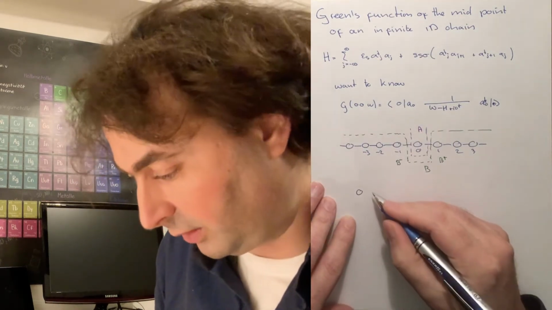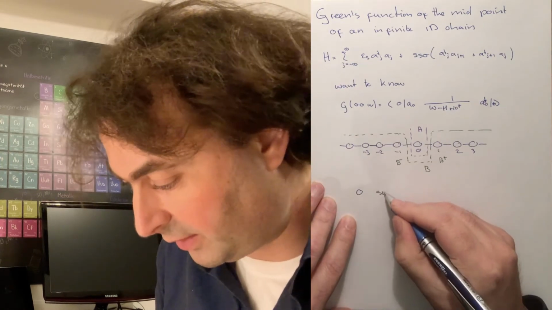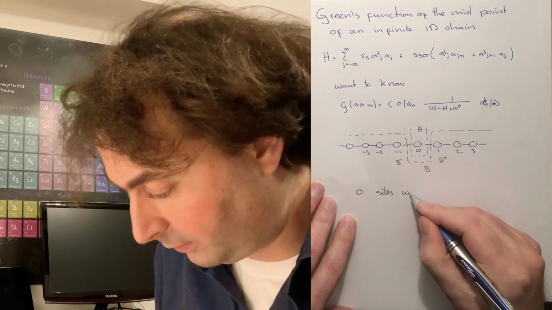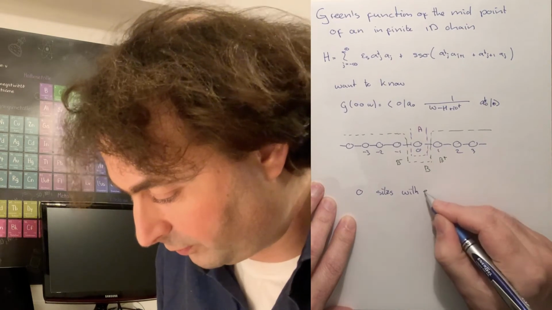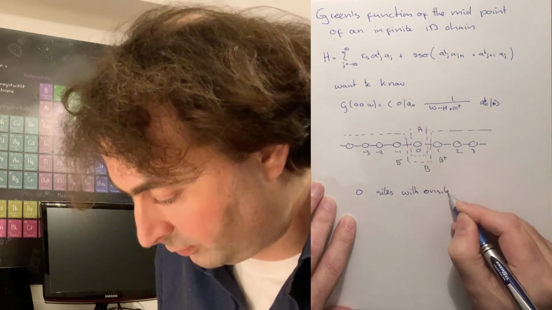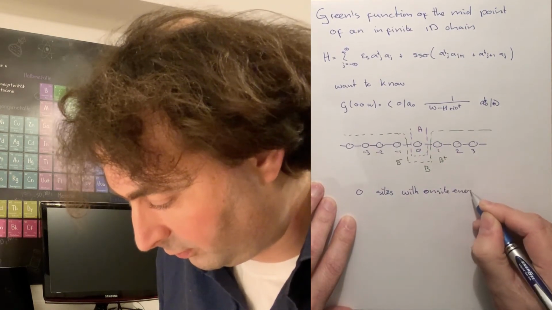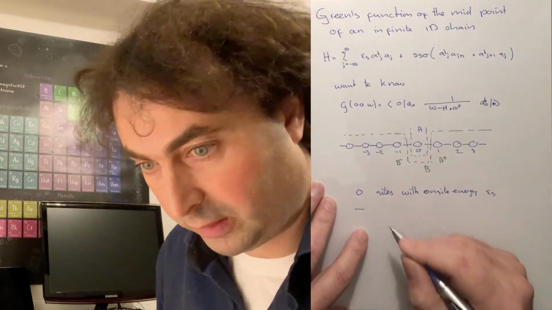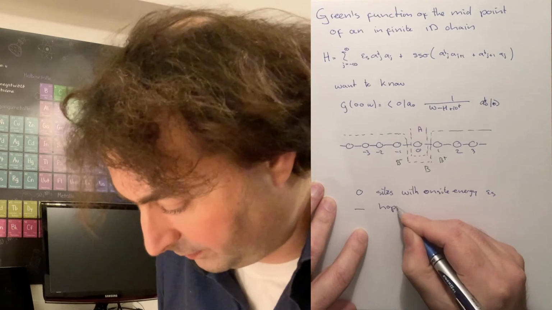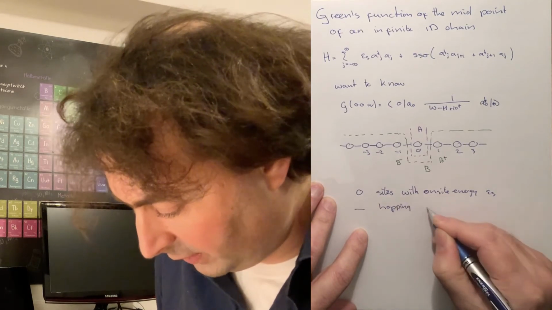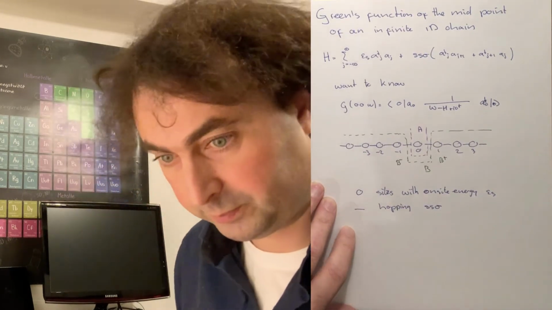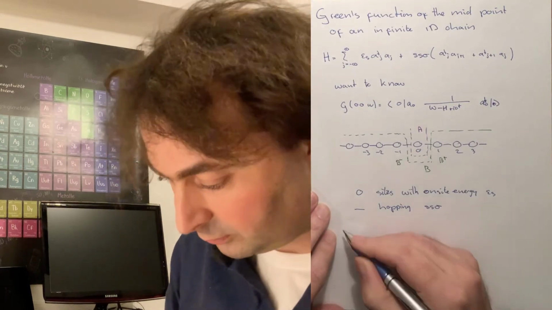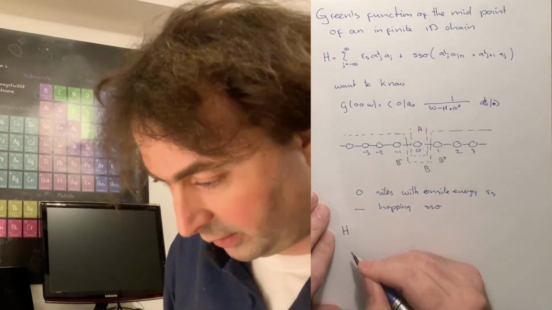And again, in our drawing, the circles represent sites with on-site energy epsilon s, and the lines represent hopping with strength sigma. We can look at our Hamiltonian.